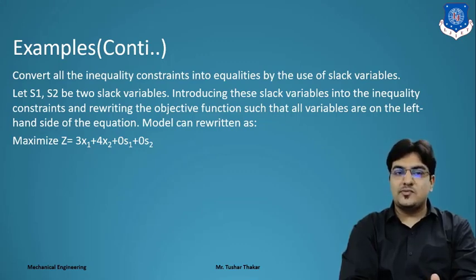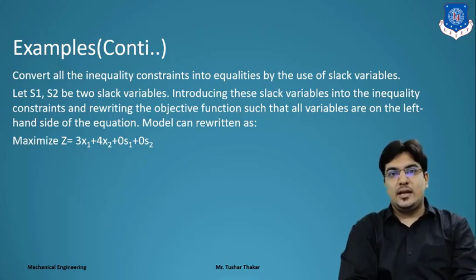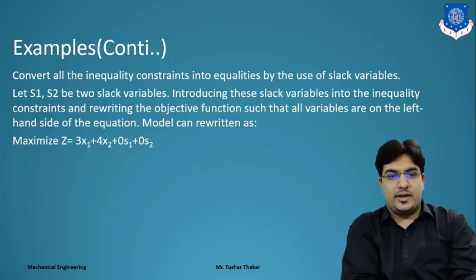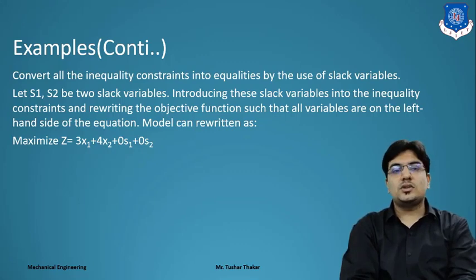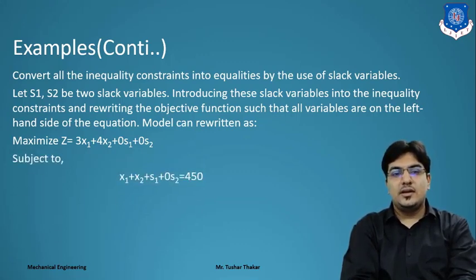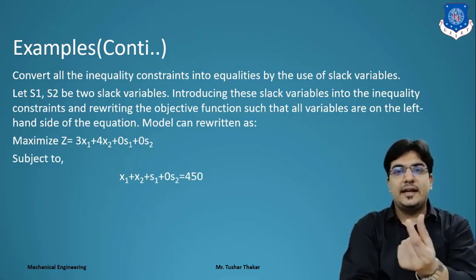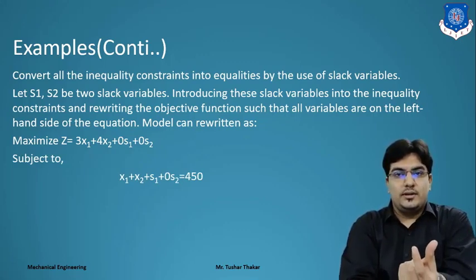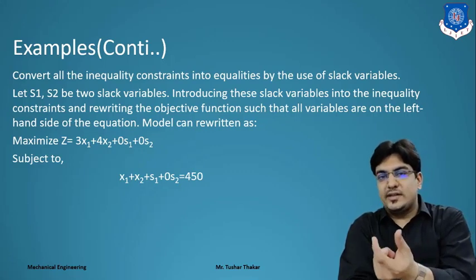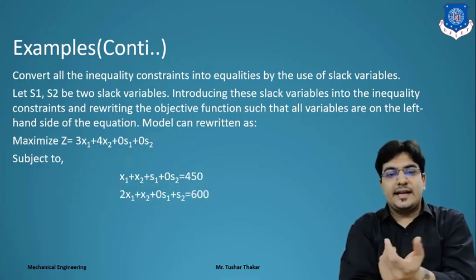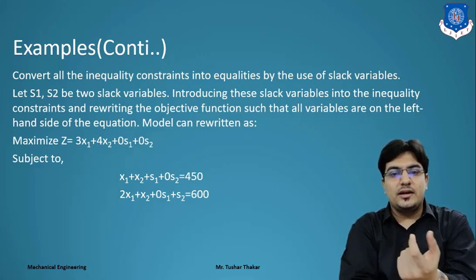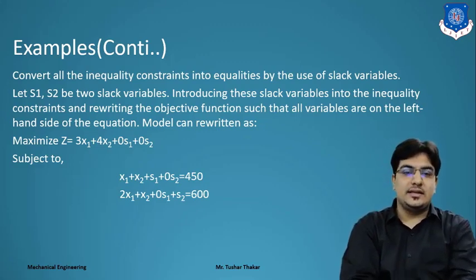Why do we have to take s1 and s2? Because we have only two equations. If we have more than two equations, we take s1, s2, s3, s4 accordingly. Clear? Next, subject to the constraints: the first equation contains s1 and s2 is equal to 0, and the second equation contains s2, so in that case s1 is equal to 0.